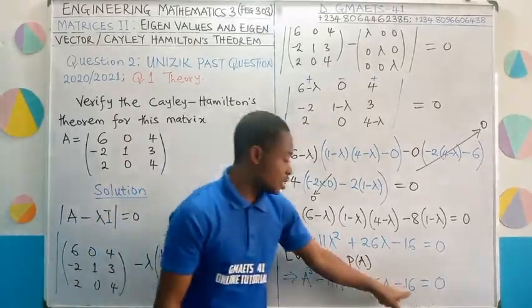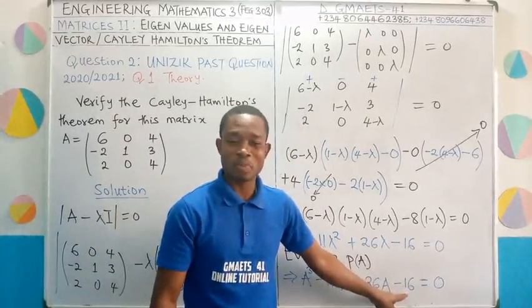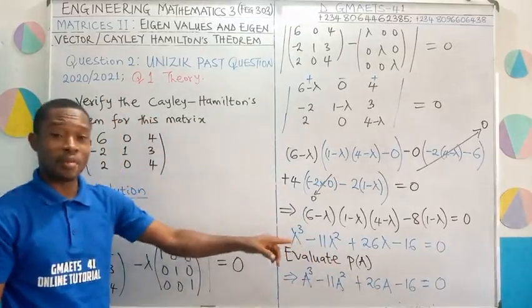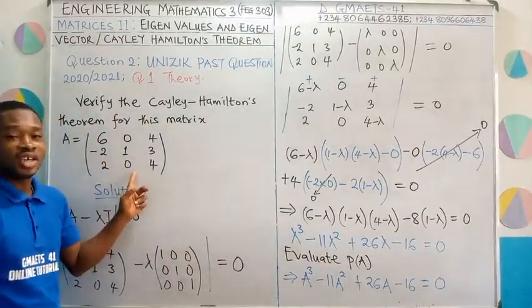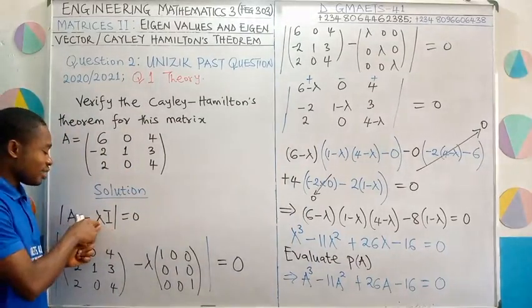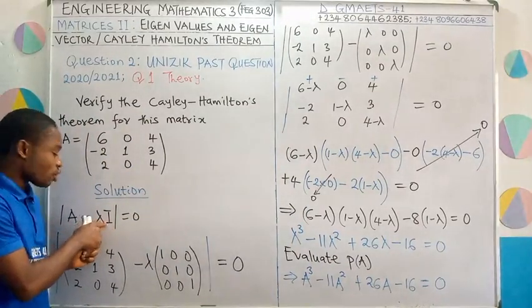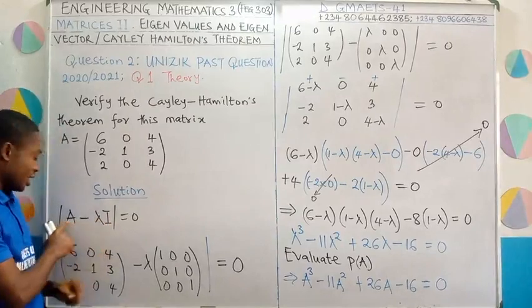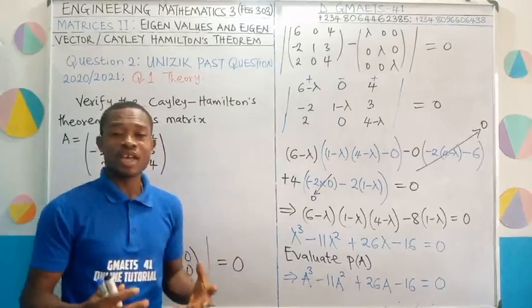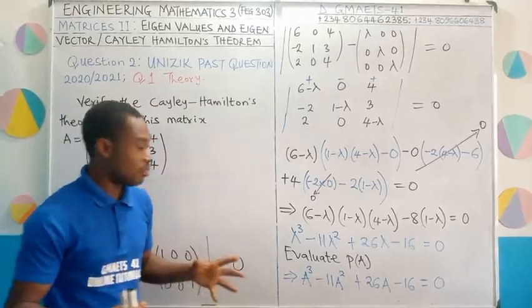And to convert this 16 to a matrix, we're going to multiply it by the identity matrix, a 3 by 3 square matrix, since the matrix we are dealing with here is a 3 by 3 square matrix. Just like we did here, multiplying this lambda, which is a constant, we have to multiply it by the identity matrix so that this subtraction will be possible. Once again, remember, you cannot add or subtract a constant from a matrix.